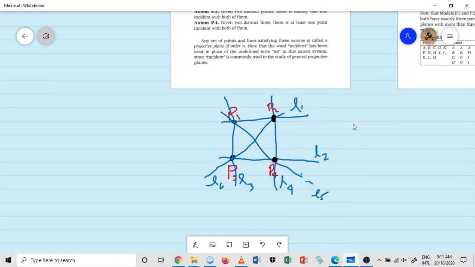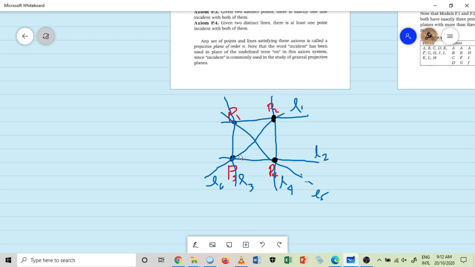L1 and L2 must meet in some common point somewhere here, but not on any of these 4 points here, because that would violate the first axiom.